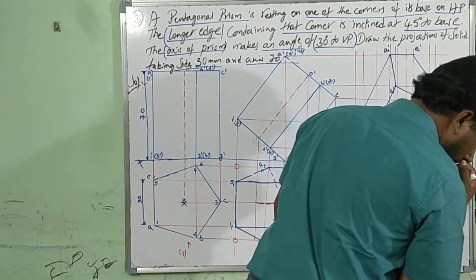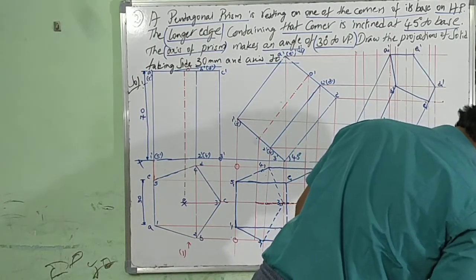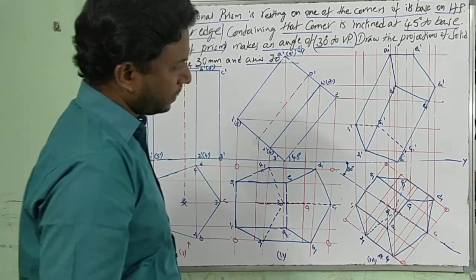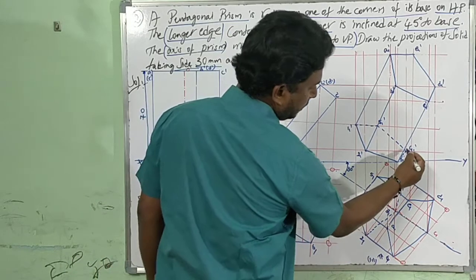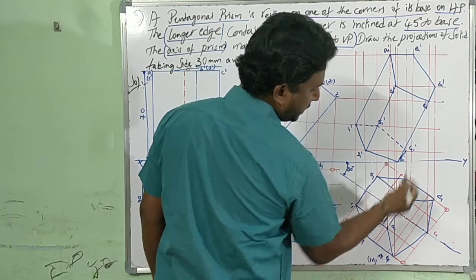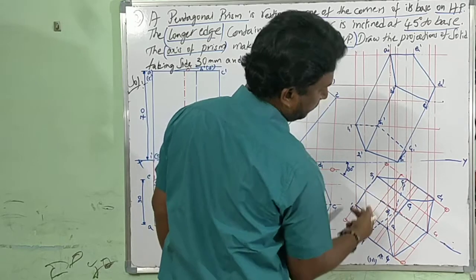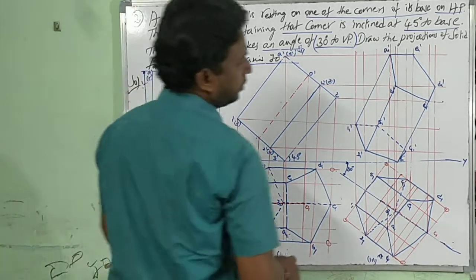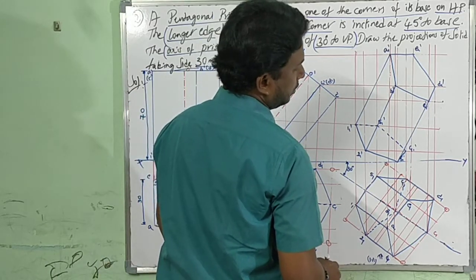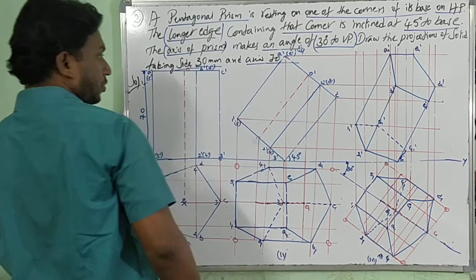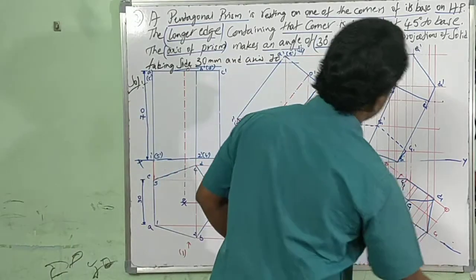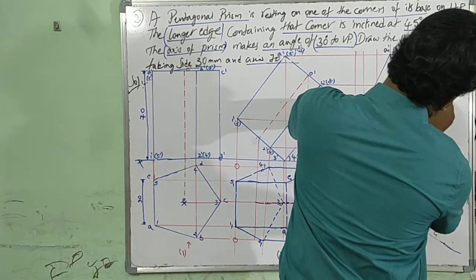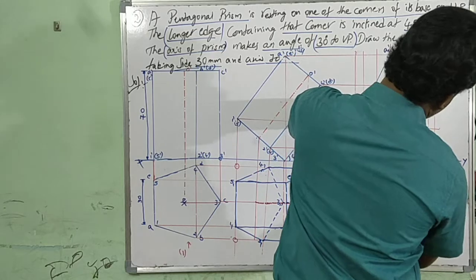One important thing I have to check here. 3, 1 dash, 4, 1 dash is also a hidden line here with respect to the bottom. I have to draw one more thick line here, with respect to B1 dash, C1 dash.